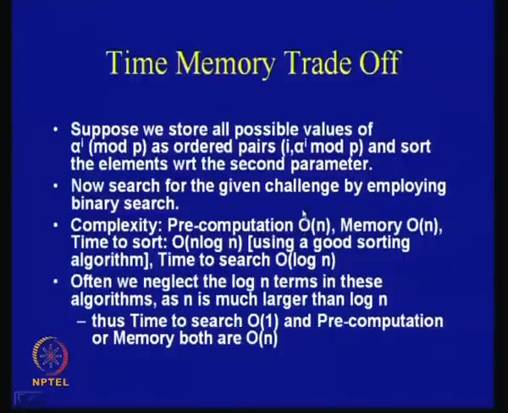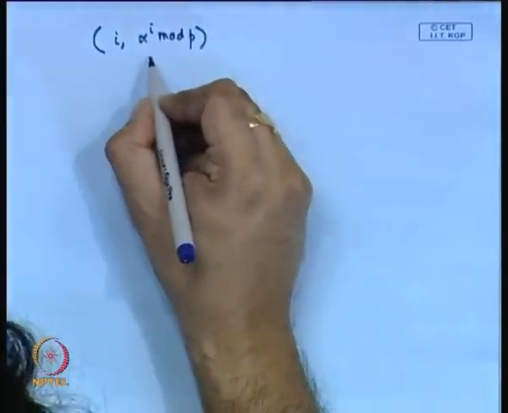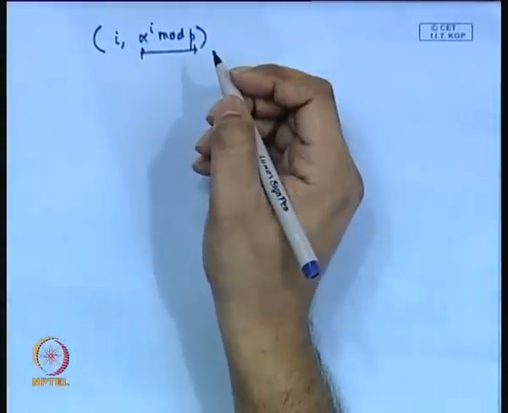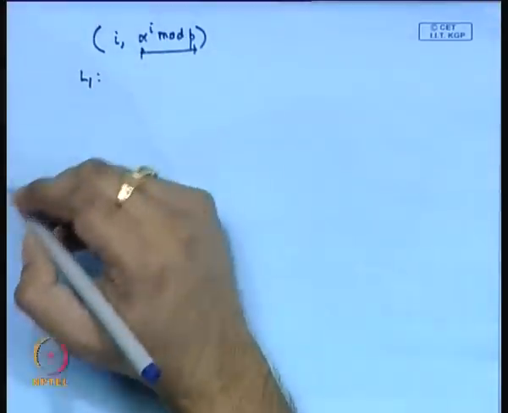For example, I take i and compute alpha power of i modulo p. This is basically a pre-computation that I am doing, essentially sorting them based on the second argument, and I make a list, say that list is L1.